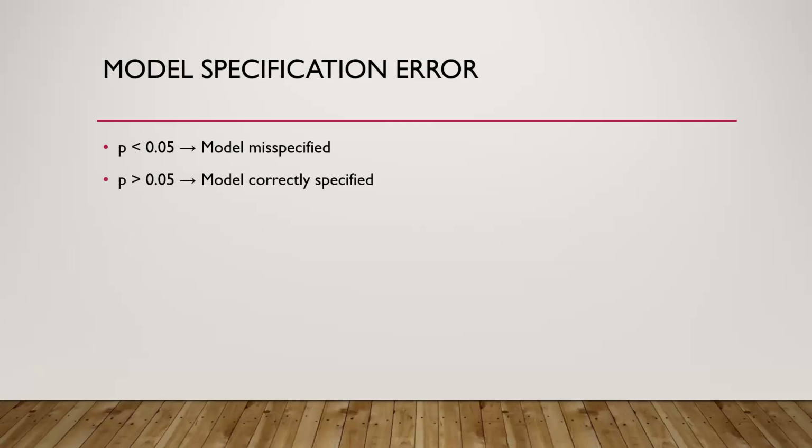Now, some model specification. The model specification error occurs when we have a p-value, when one is greater and one is less, then we have a problem. With this threshold, this cut point, a higher or lower p-value indicates the specification problem.